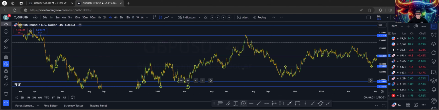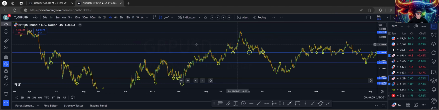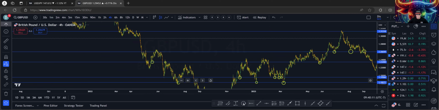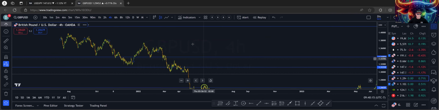Finding touches on a chart does not mean it's a high probability trade. Just because it has touches on a line.